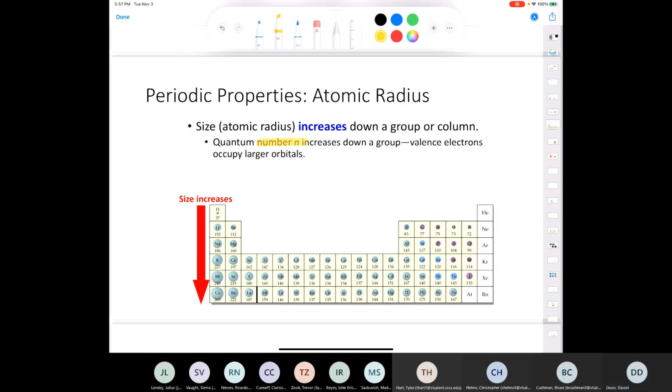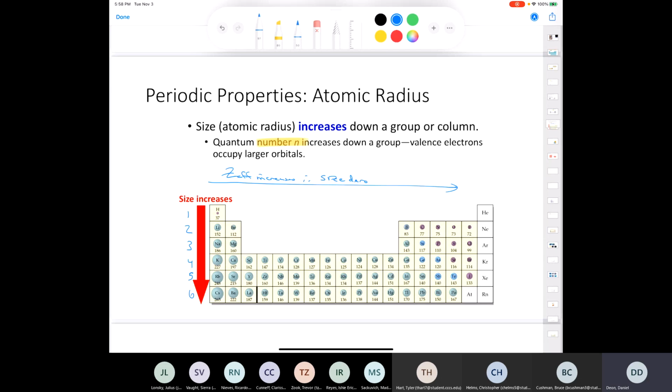And as principal quantum number increases, the orbitals get bigger and bigger and bigger, right? We're going from 1s to 2s to 3s to 4s to 5s to 6s for all of these elements here. So it makes sense that in group 1, the elements keep increasing. Again, as we go across a period, effective nuclear charge increases, therefore size decreases.